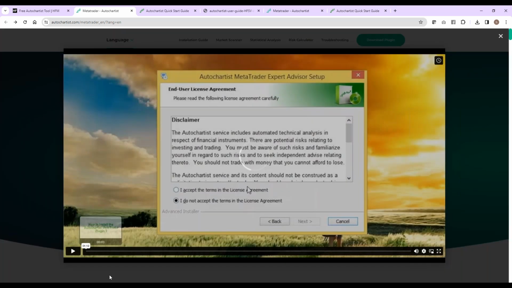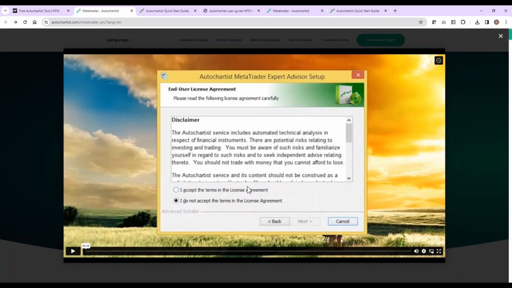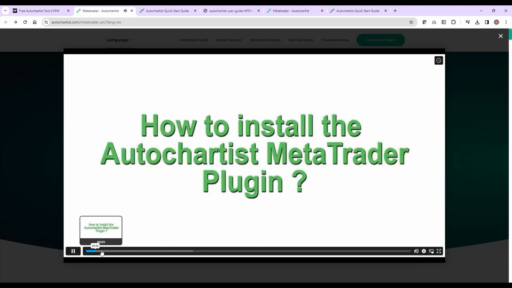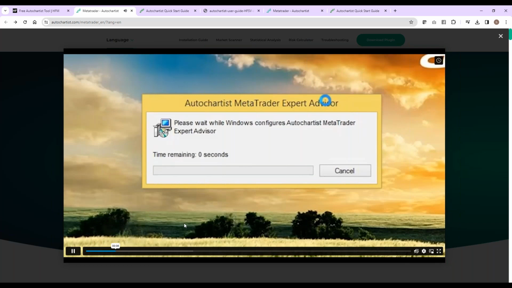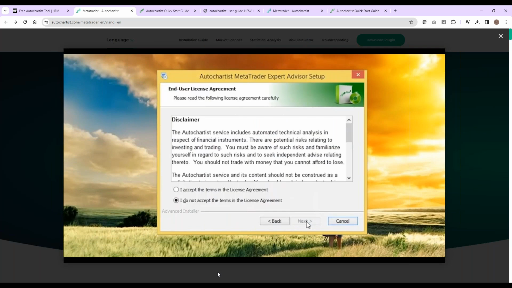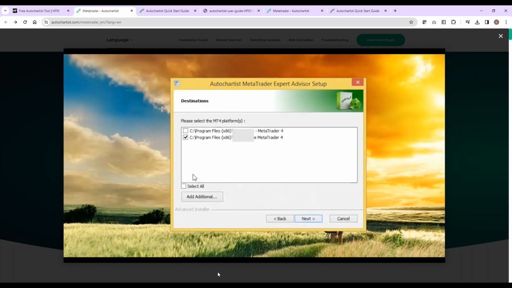It will look like that. Once it is downloaded, if you double click on the downloaded file, it will bring this up. Basically, what you need to do over here is follow the steps. It will be this pop-up window on your PC. You accept the terms and conditions of Autochartist.